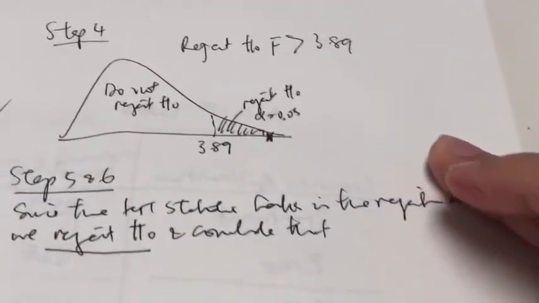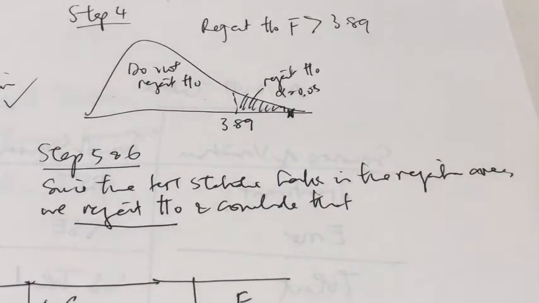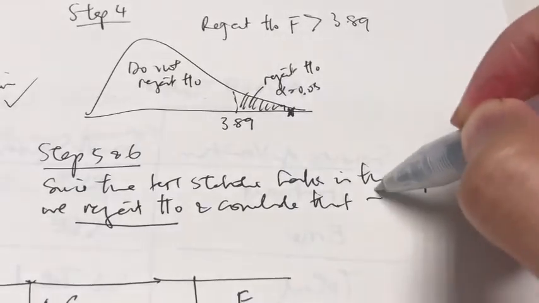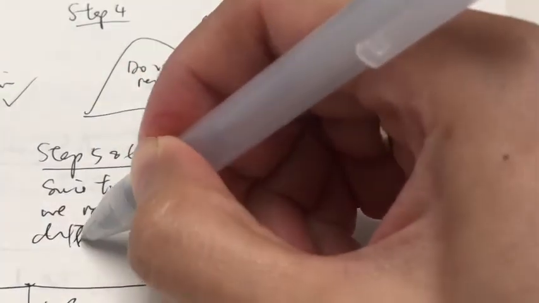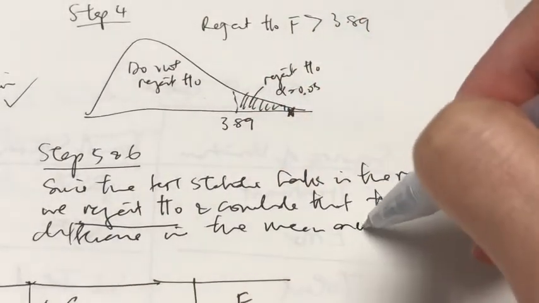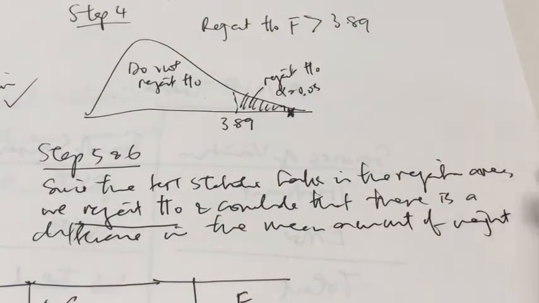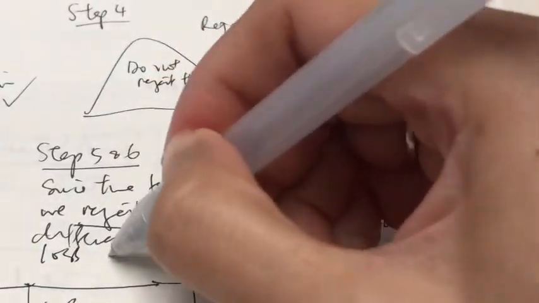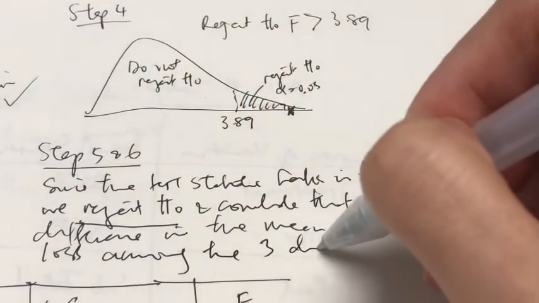Or if you want to be more specific in terms of the context of the question, you can conclude that there is a difference in the mean amount of weight loss among the 3 diet plans.